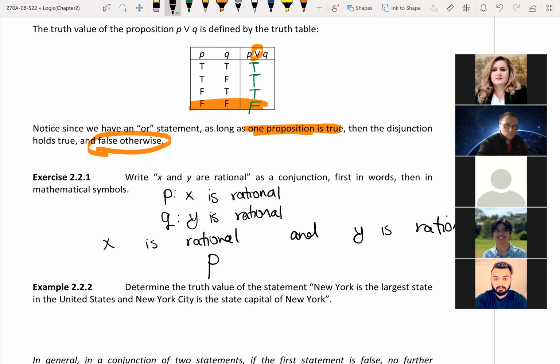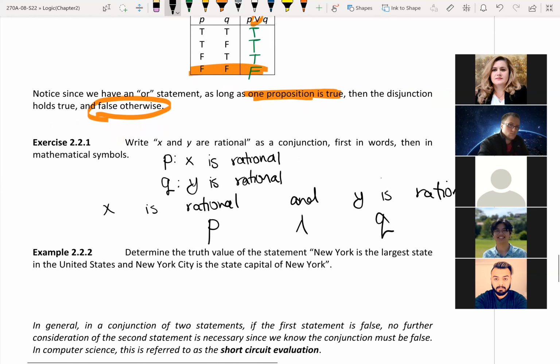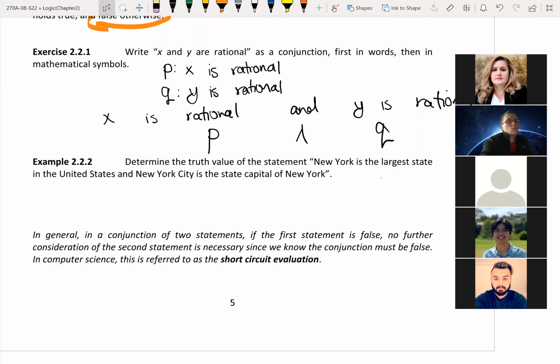So it's going to be P and Q. Make sense? Any question with this one?